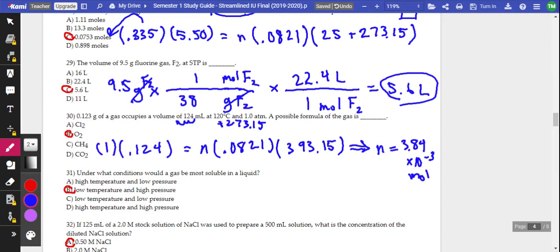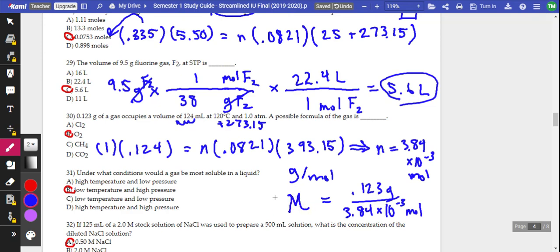All right. Possible formula of the gas is what? Well, how do we figure out what the substance is? Well, I have moles now. I have grams. What do we use grams and moles for? We could use it for the molar mass. Grams per mole is what molar mass is. So if I take my 0.123 grams of this stuff that apparently fits in 3.84 times 10 to the negative third moles and figure out what that is, that will tell me my molar mass, which I'm going to use this curly M for.